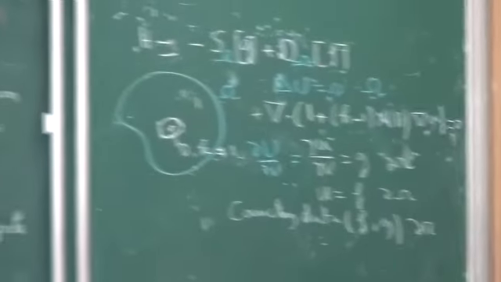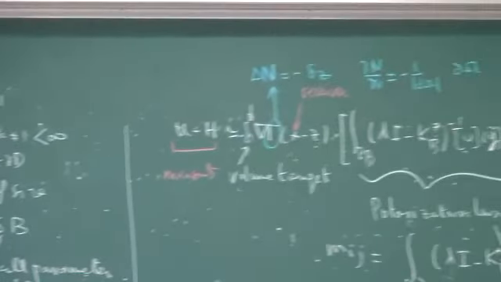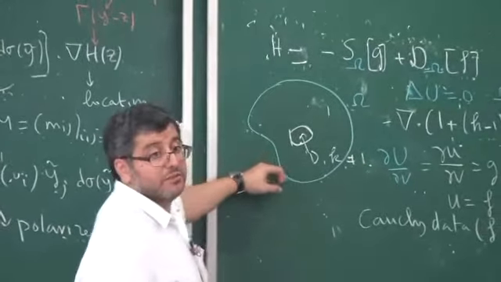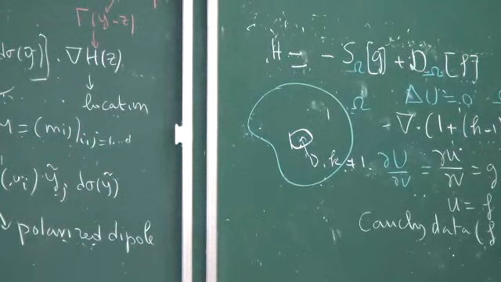If you take the normal derivative of this function, actually this asymptotic holds not only on the boundary, but far away from D. So you can take its normal derivative, and if you take the normal derivative of this one, it's 0.